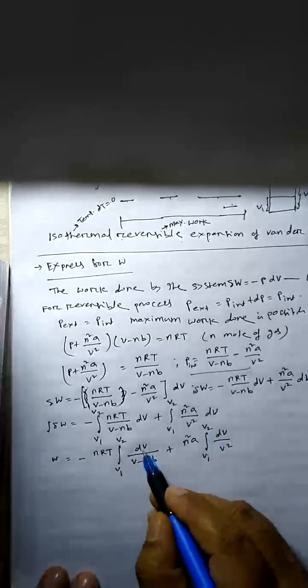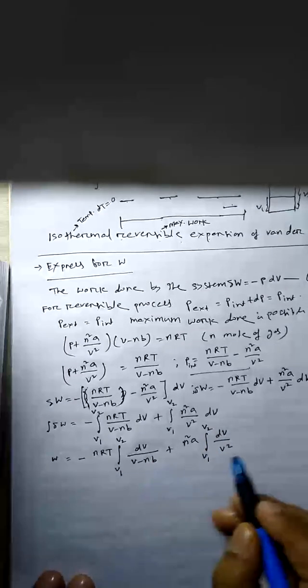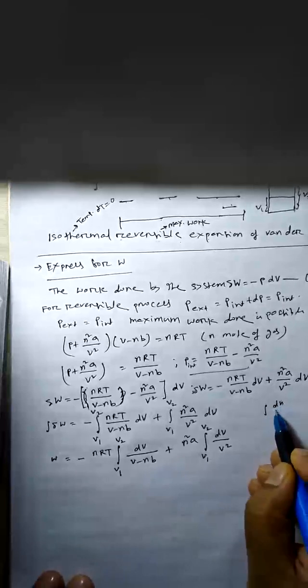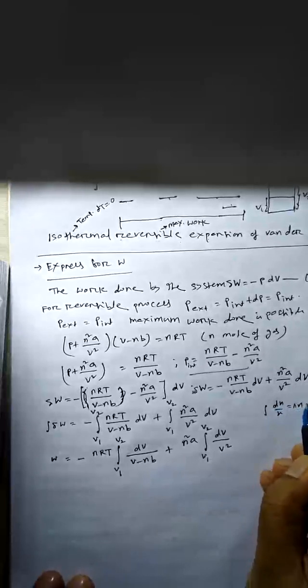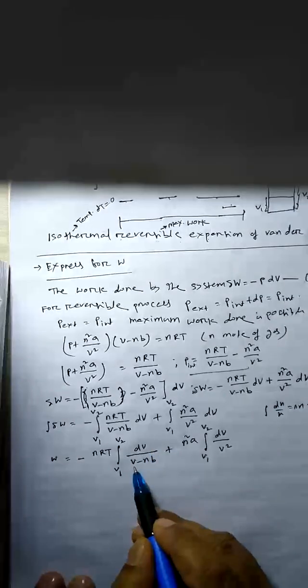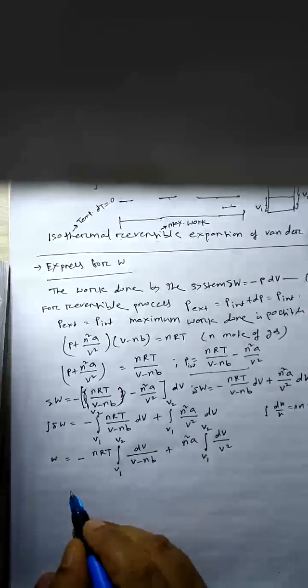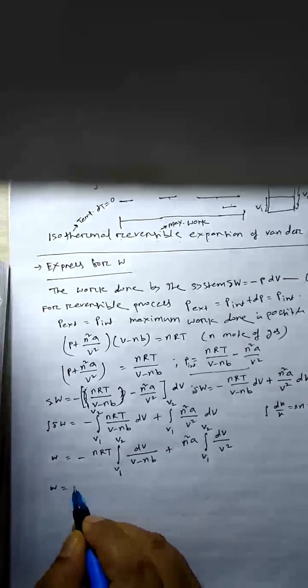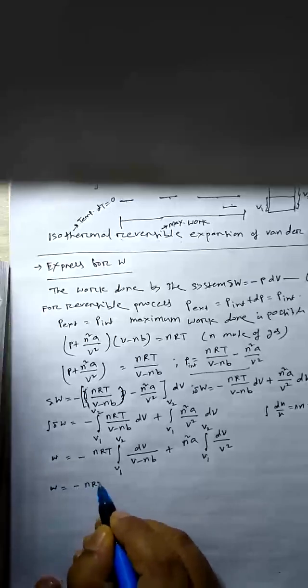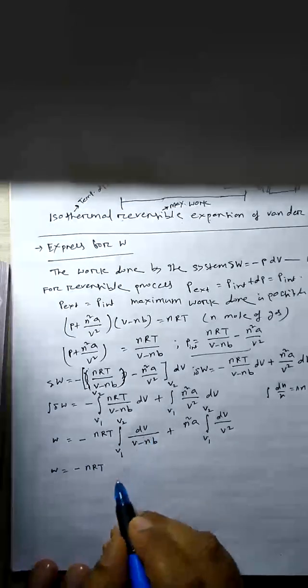Now integration of dx by x is equal to ln x. Here dV by V minus nB, so ln V.